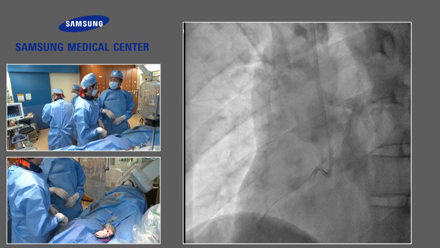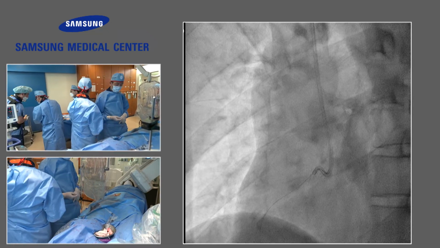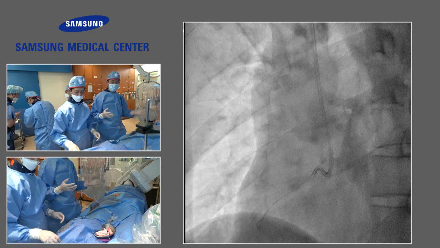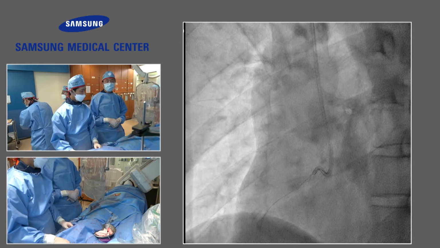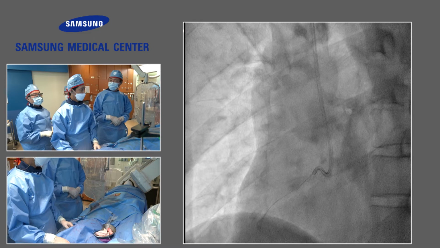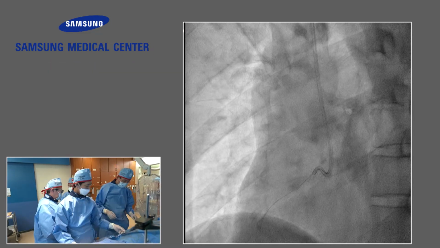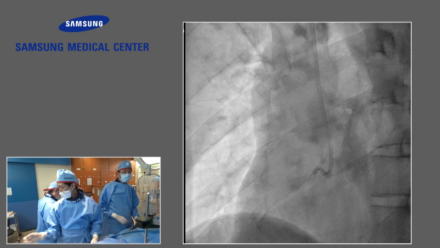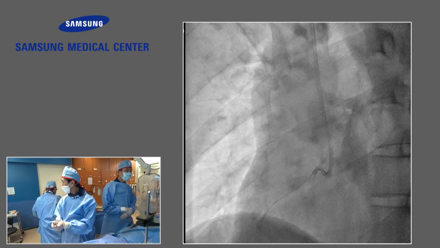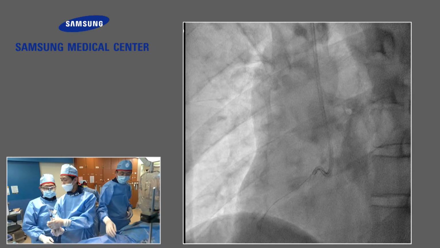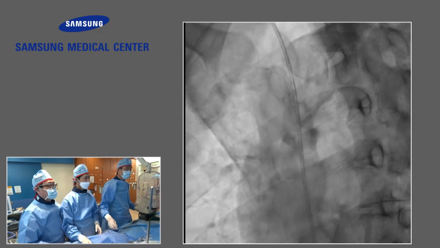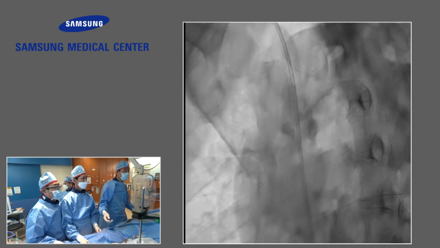The problem is that we need to take this out. Actually, there is an accident. The tip of the balloon stayed inside the guiding catheter when I removed the balloon. I can see that. Maybe it's pushed away.